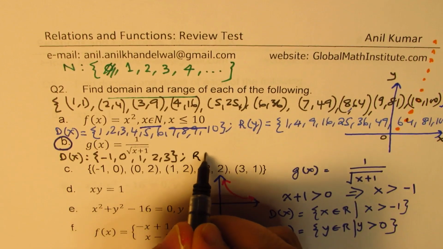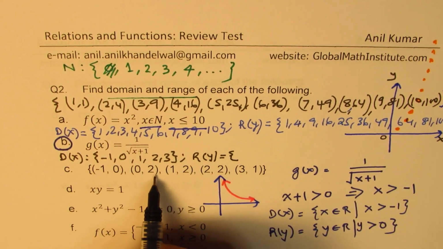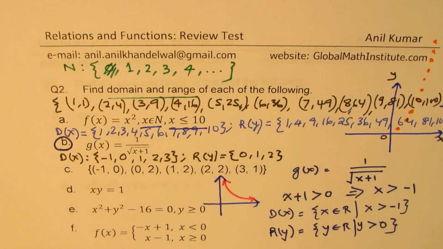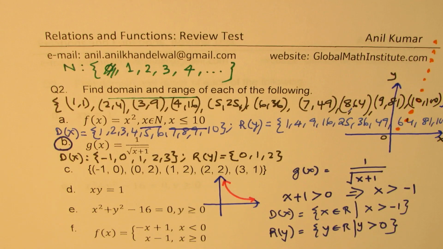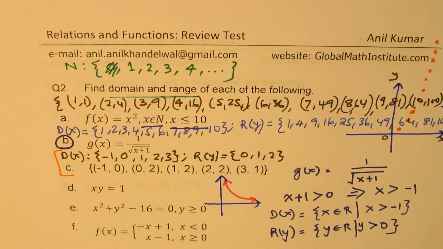As far as the range is concerned, the y coordinate values will be 0, 2, 2, 1. We can write this as 0, 1, and 2. So if the numbers are repeated, they should not be repeated in your roster set or the set. Is it okay? So that is how you can write down the range for the given function. So I hope that part is clear. So we did solve C also on this page.